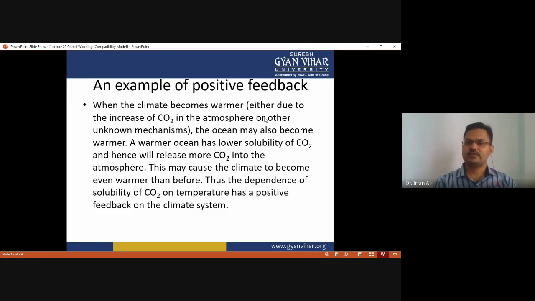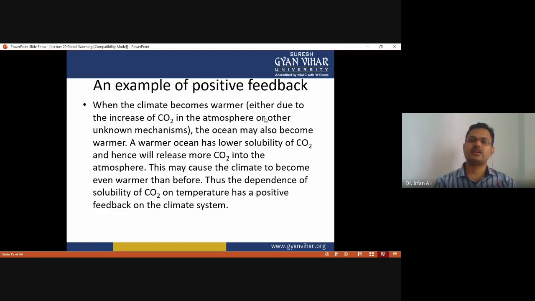If we talk about an example of positive feedback, when the climate becomes warmer, either due to increase of carbon dioxide in the atmosphere or by other unknown factors, the ocean may also become warmer, and the warmer ocean has a lower solubility of carbon dioxide and hence will release more carbon dioxide into the atmosphere.